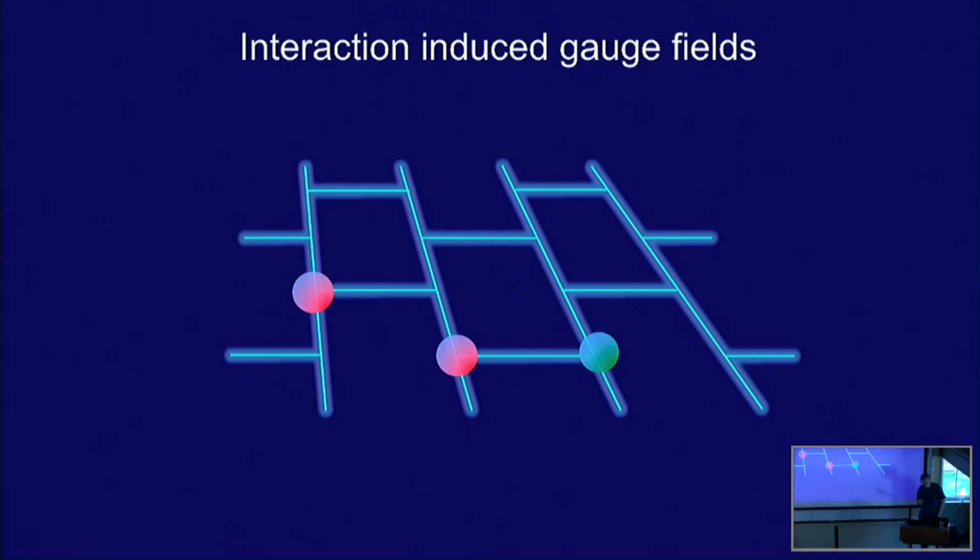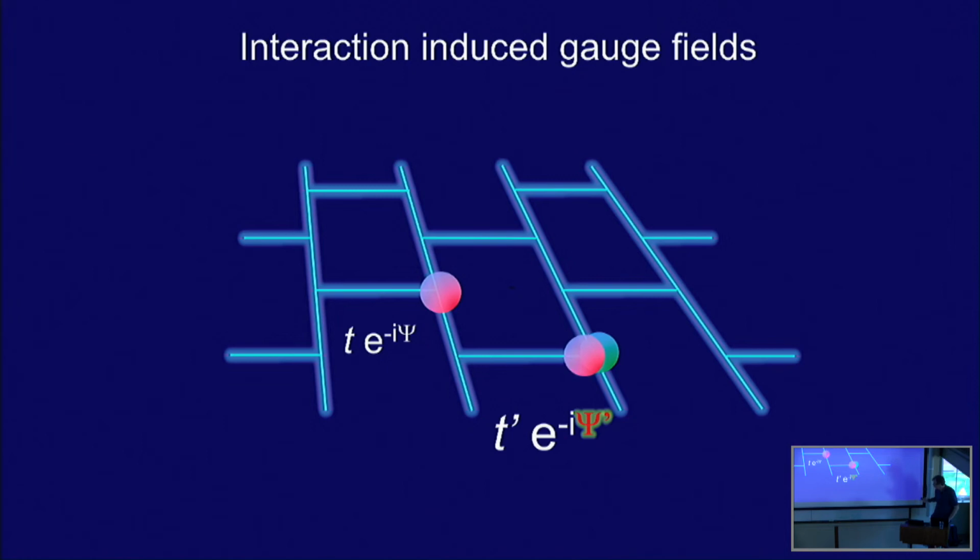A system which one would like to have is something where, we do have these lattices and the particle can hop, and you might have some tunneling, and it might have some phase. But it would be nice to have a situation where, if the particle hops on this other bond onto a situation where there is a particle on the other side, then you acquire a different phase.